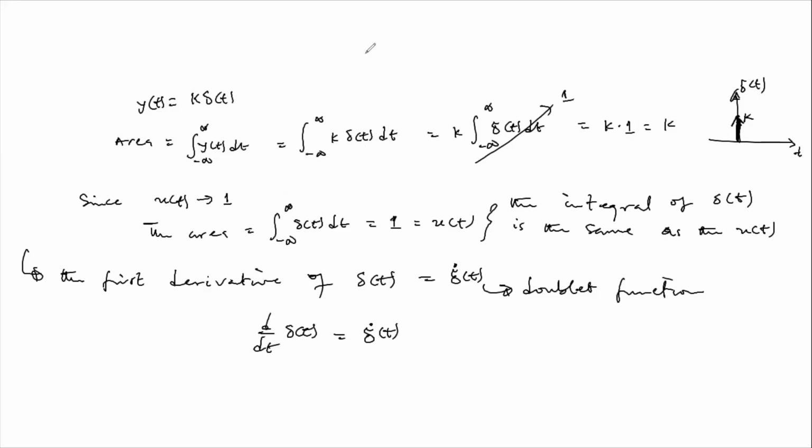But when the unit impulse function is time shifted, then the Dirac delta is seen to be shifted to the time of interest. This is what we mean. There are a few properties. So this is the area.